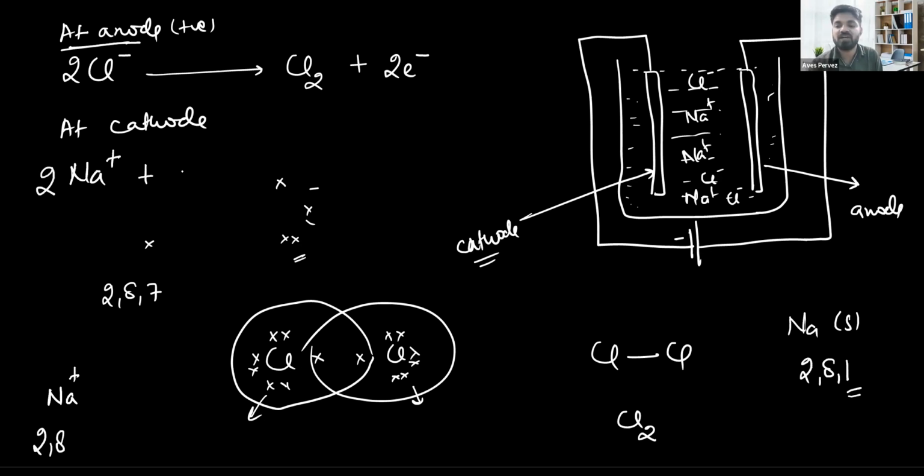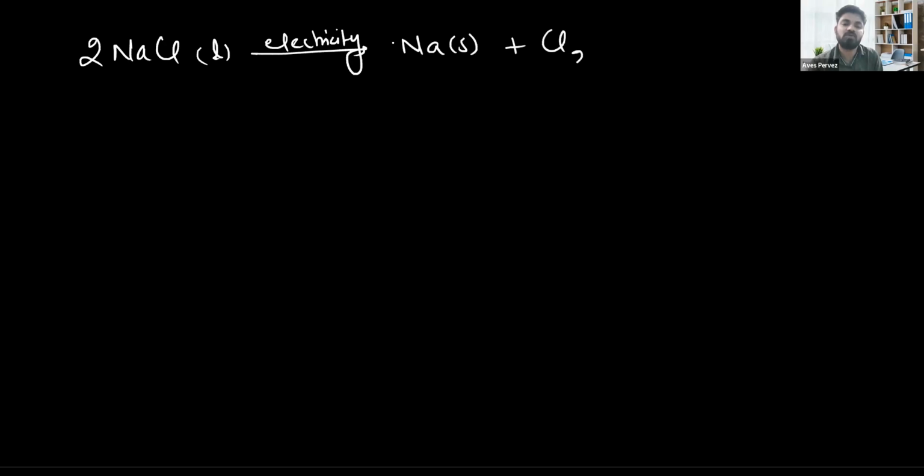The 2 such ions will take these 2 electrons, 1 each, and form 2 Na solid. So the overall reaction can be written as 2 NaCl in liquid state, when electricity is passed through it, gives you 2 Na solid plus Cl2 gas. Understood, everybody?